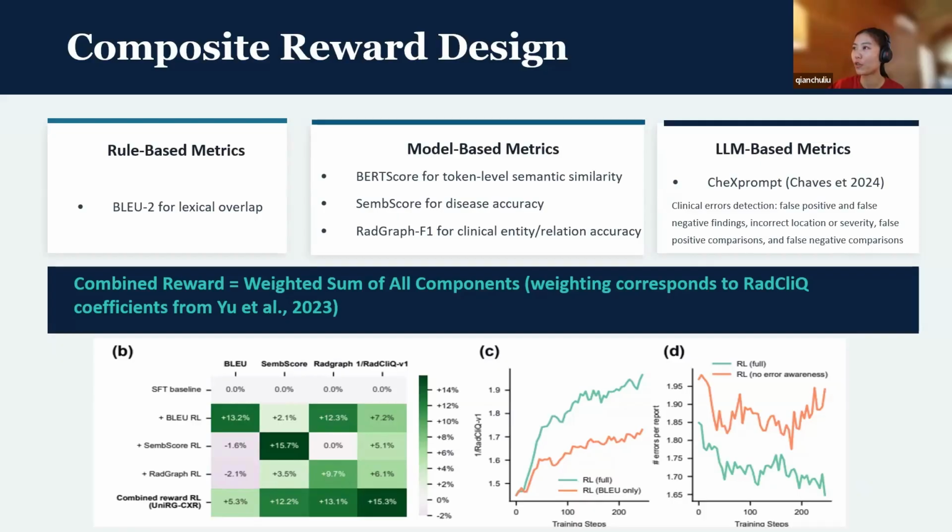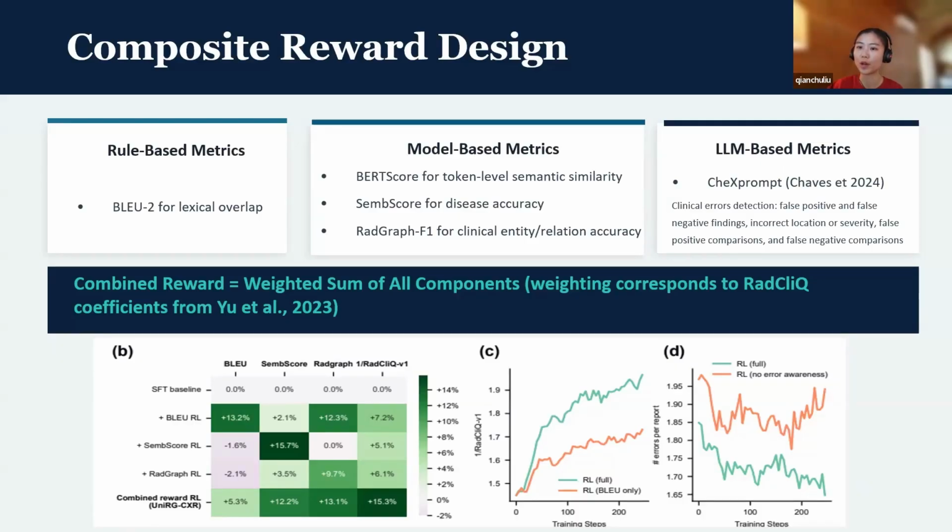Yes, that's actually a great question. I forgot to mention. For the model-based metrics, it's pretty straightforward because the higher the better. For all of BERTScore, SembScore, and RadGraph score, it's similar. But for the LLM-based metric, it will produce an error count essentially.